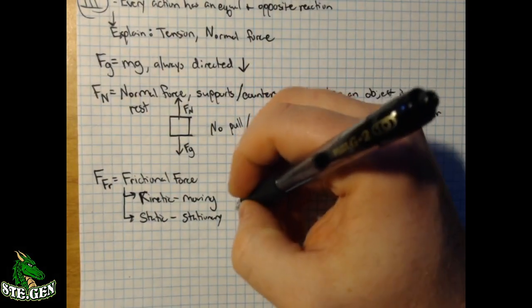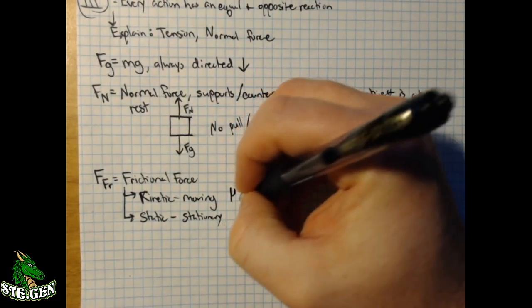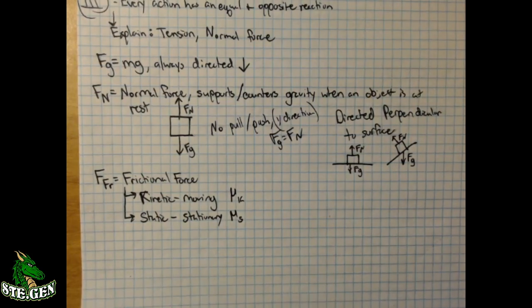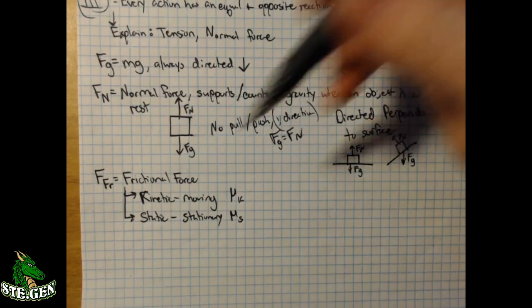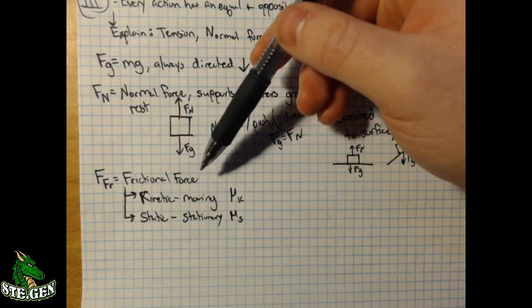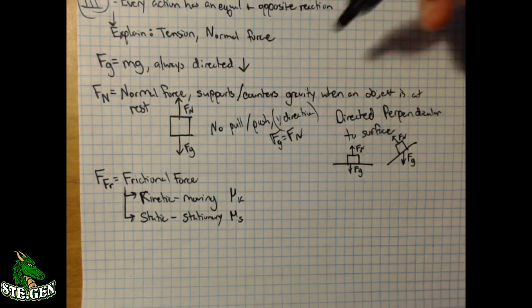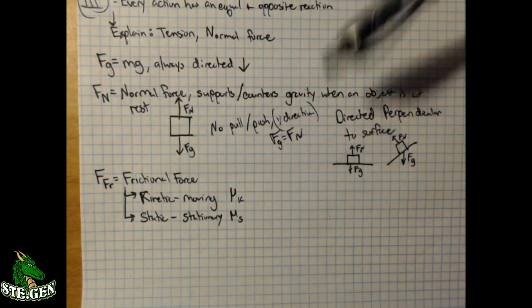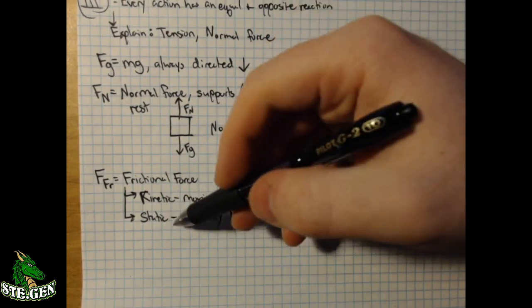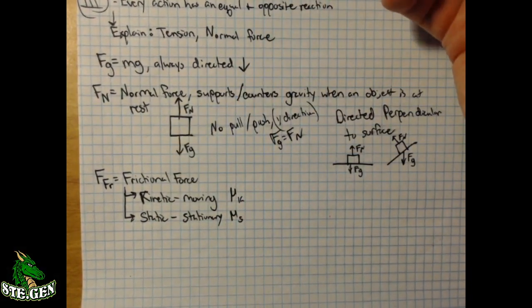Both of these have their own coefficients, mu k and mu s. And the whole point of friction is that it will build to resist if it's static friction, and it will have a constant rate of resistance if it's kinetic. For static friction, both of these frictions will increase or change based on the force that's being applied to it, up to a point for static friction, though.